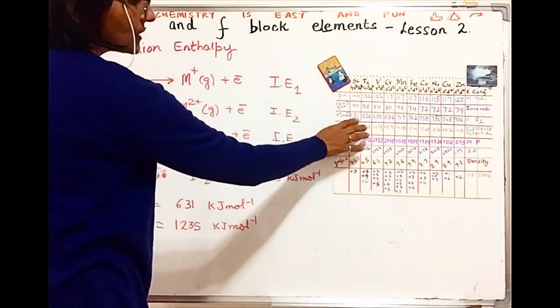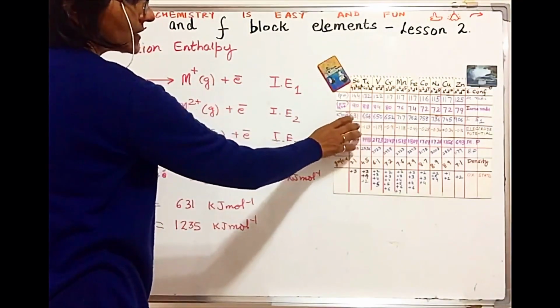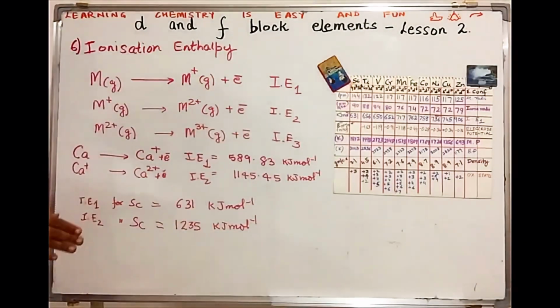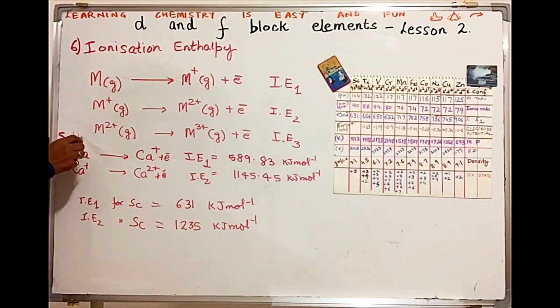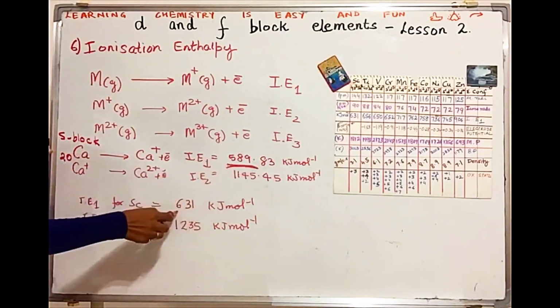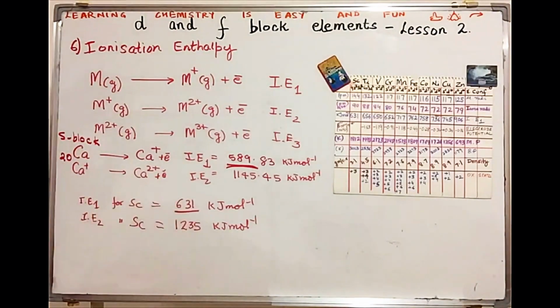If you notice the value of the first ionization enthalpy for scandium, which is 631, and compare it to immediately before it the atom calcium, which has atomic number 20 just before it in the periodic table, but belonging to the s block, compare the values. This is 589, this is 631.